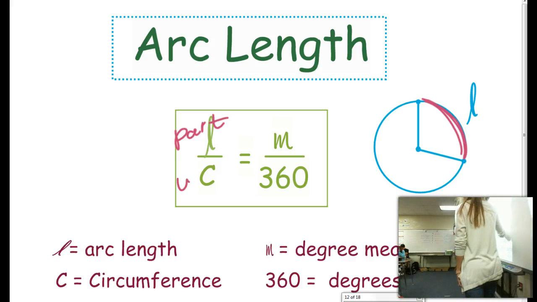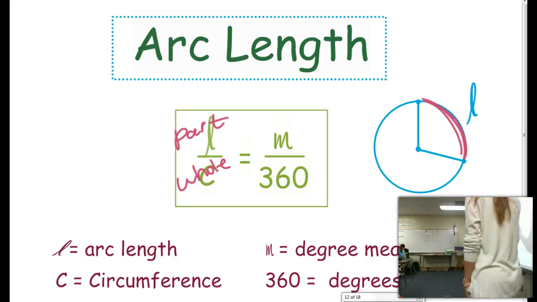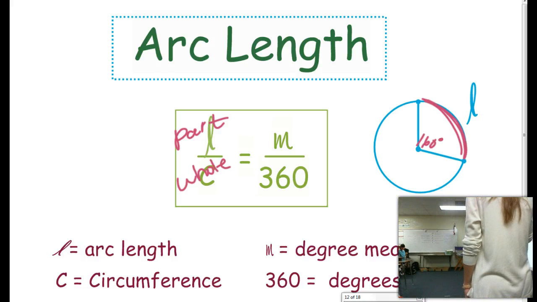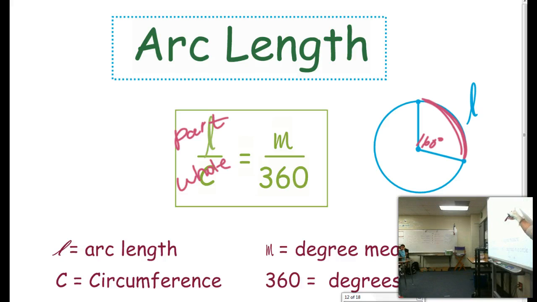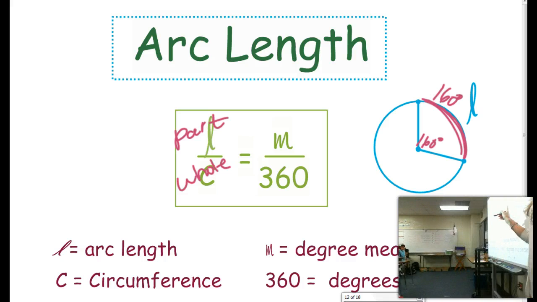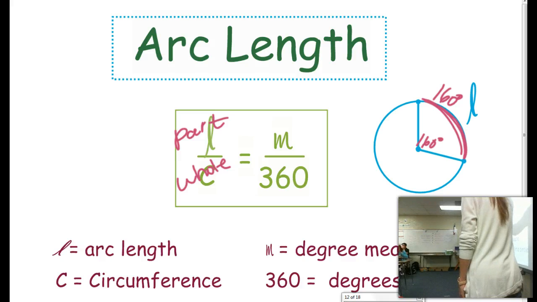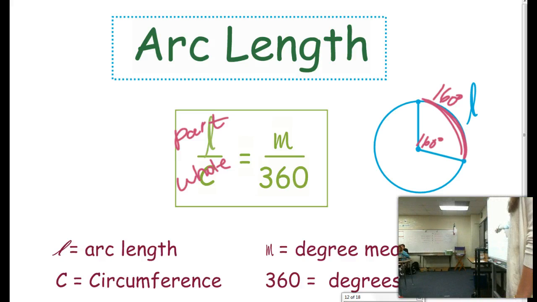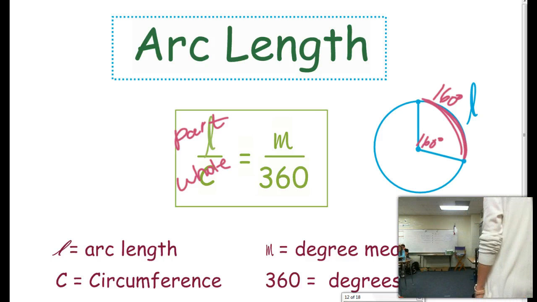So it's like saying part is to whole as, say, 160, that's part of all the way around, over how many degrees are in a whole circle? 360. So it's saying the part is to the total as the part is to the total. That's all this is saying. So it's not a hard proportion to work with.